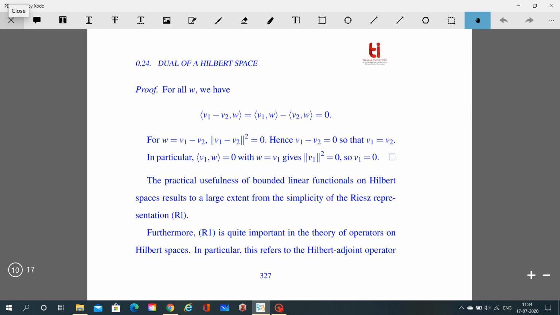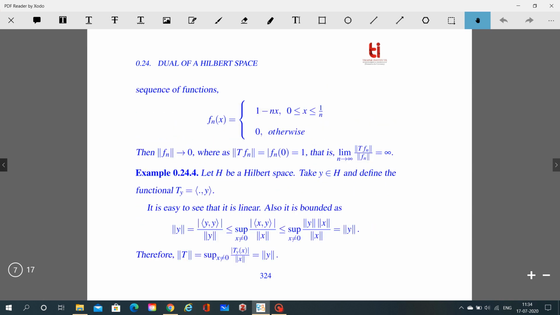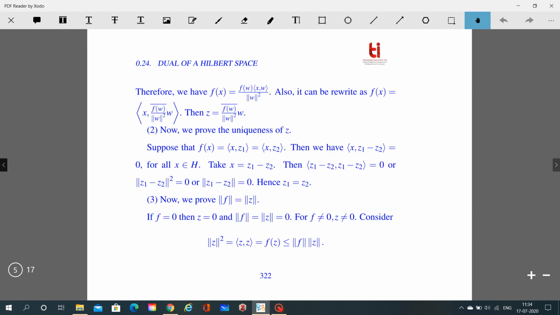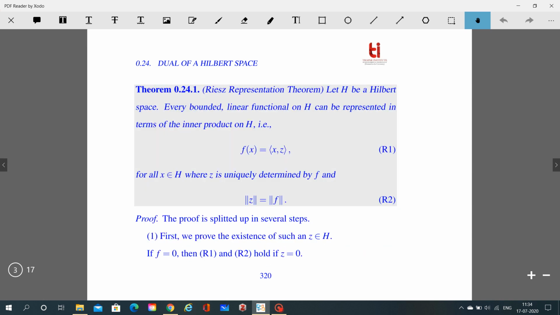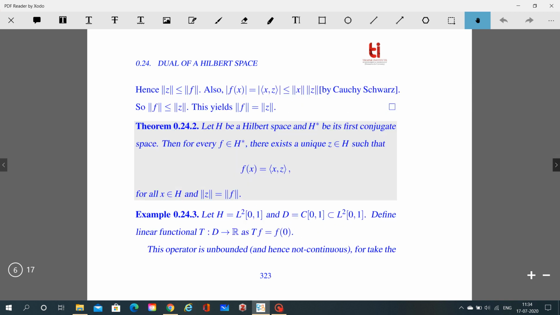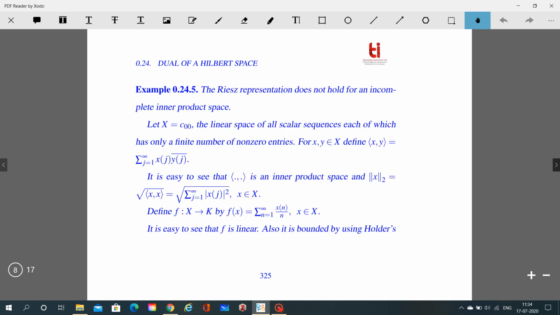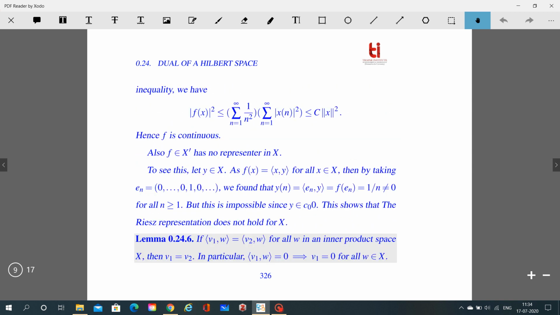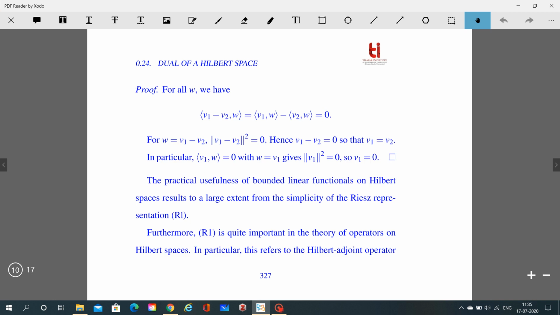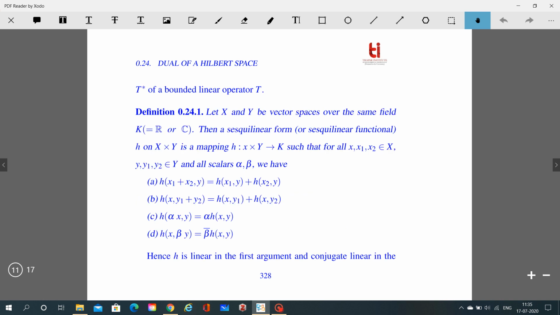Furthermore, this result that we discussed in the Riesz representation theorem is quite important in the theory of operators on Hilbert spaces. In particular, this refers to the Hilbert adjoint operator T star of a bounded linear operator T.